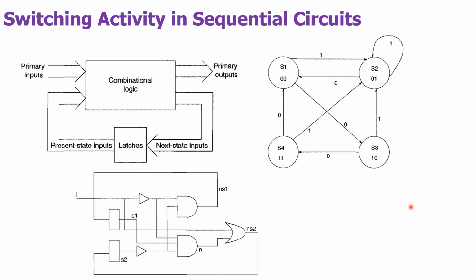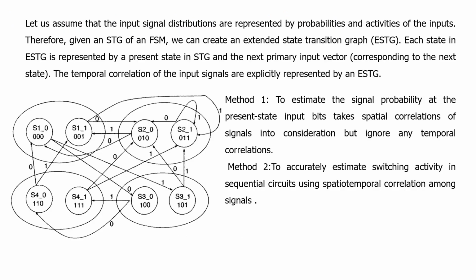Actually, the switching activity in the sequential circuit, the next output, depends upon the present input and the present state inputs. So this depends purely on the state diagram. If the state diagram is done properly, glitches can be avoided. What it does is that at a time a 2-bit change will not be accepted; only a single bit change will be accepted. That you will see in the next slide.